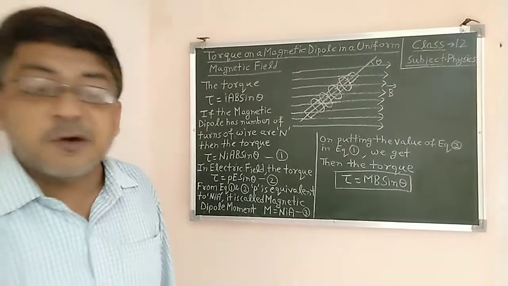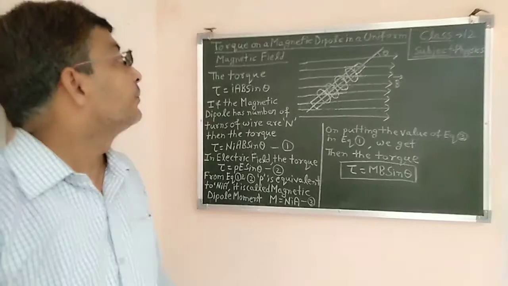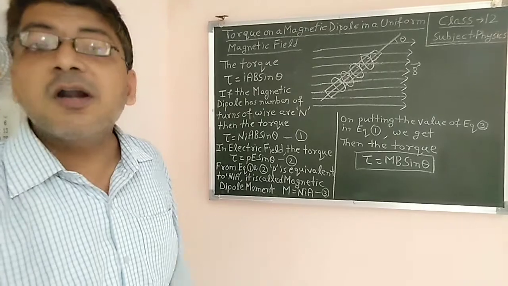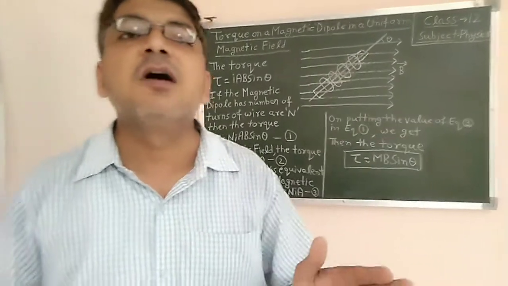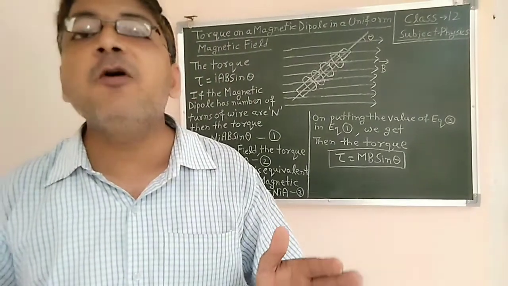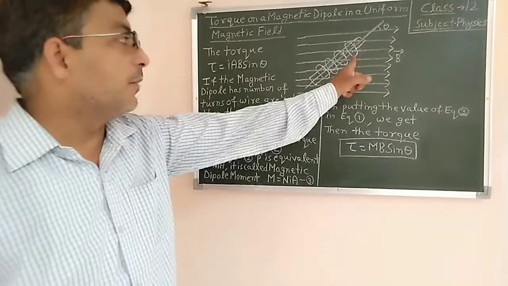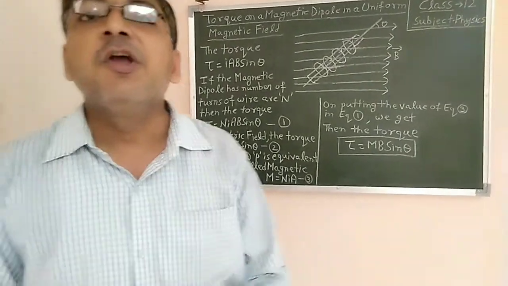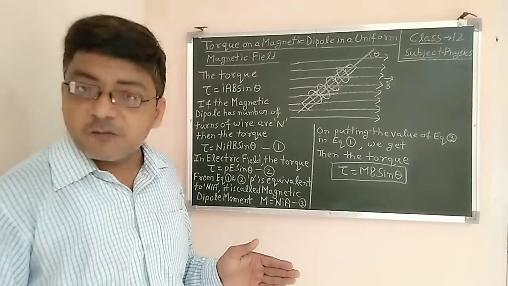The product of the current and the area of the magnetic dipole is called the magnetic dipole moment. M equals NIA.